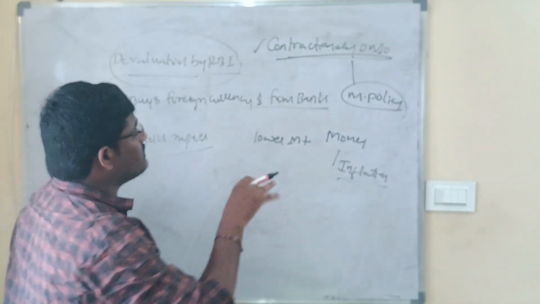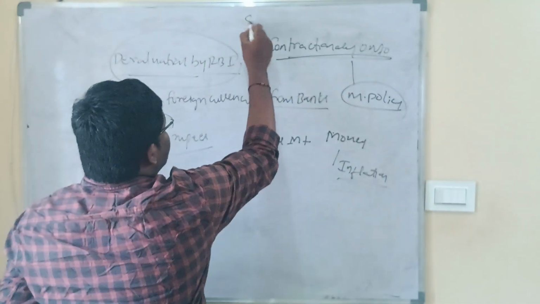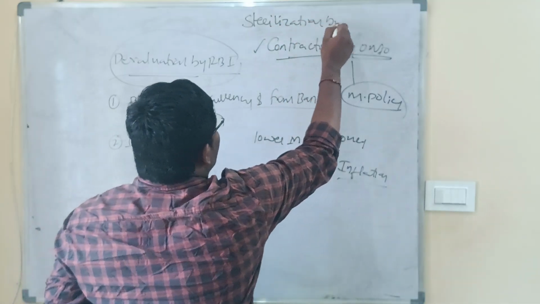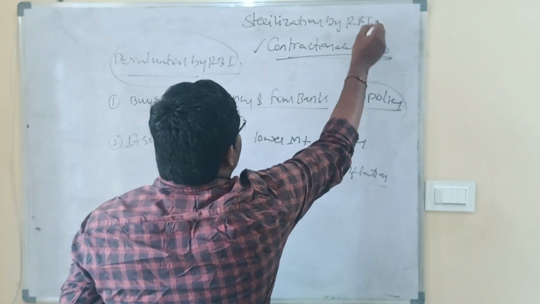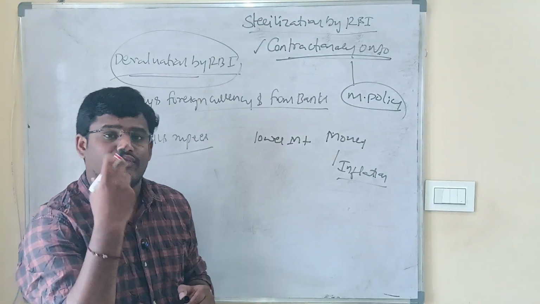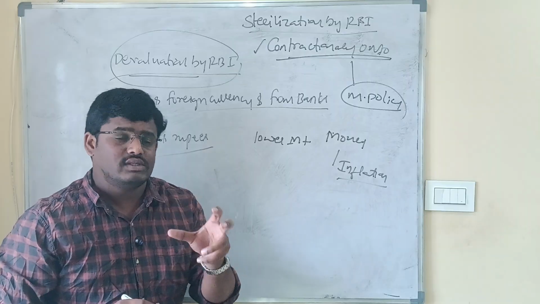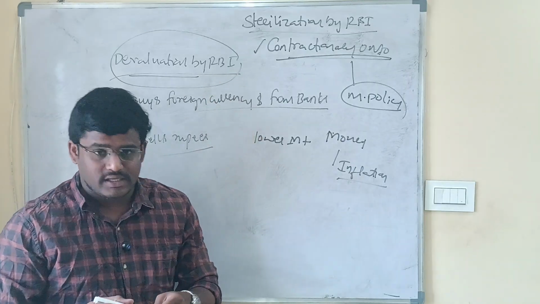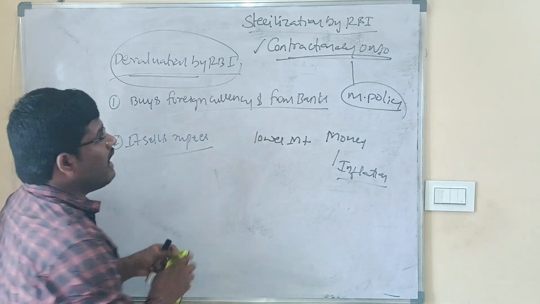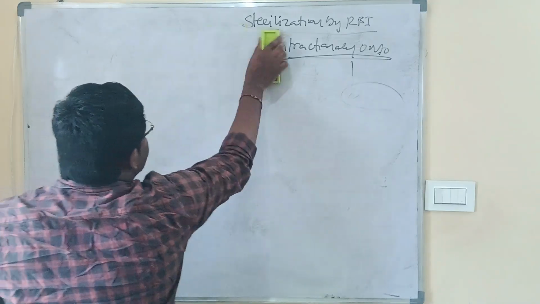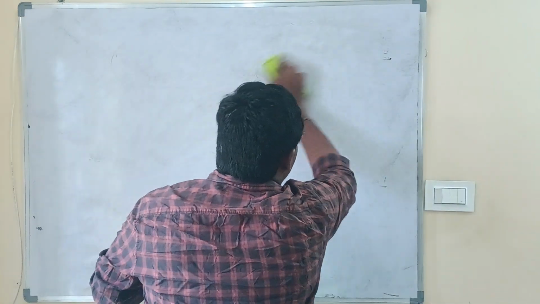Now this phenomenon is referred to as sterilization by RBI. What do we mean by sterilization by RBI? Sterilization by RBI simply refers to a package of two policies which RBI uses, that is devaluation on one hand and at the same time contractionary open market operation on the other hand. That is what exactly we mean by sterilization by RBI.